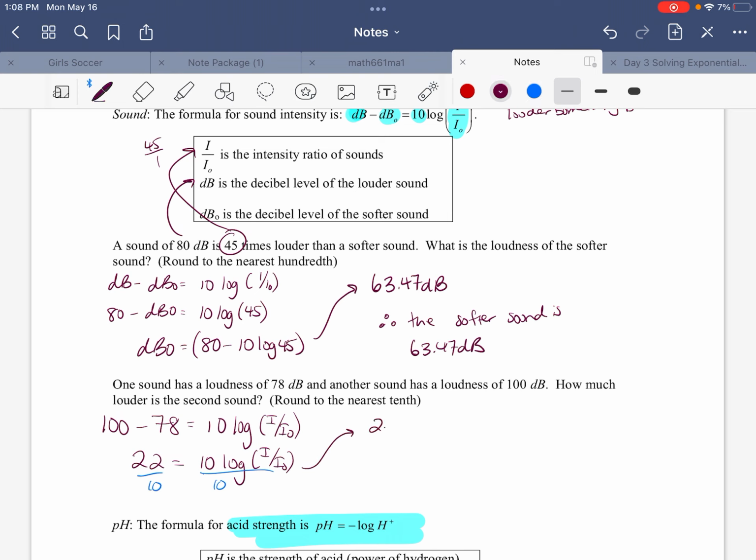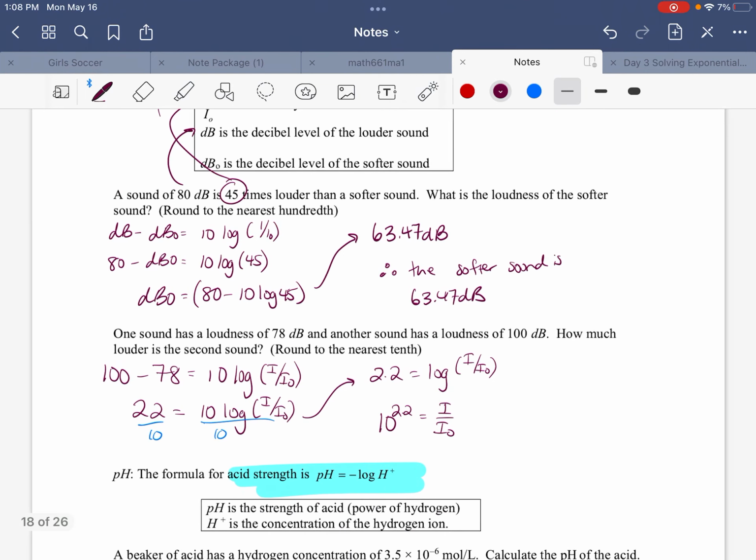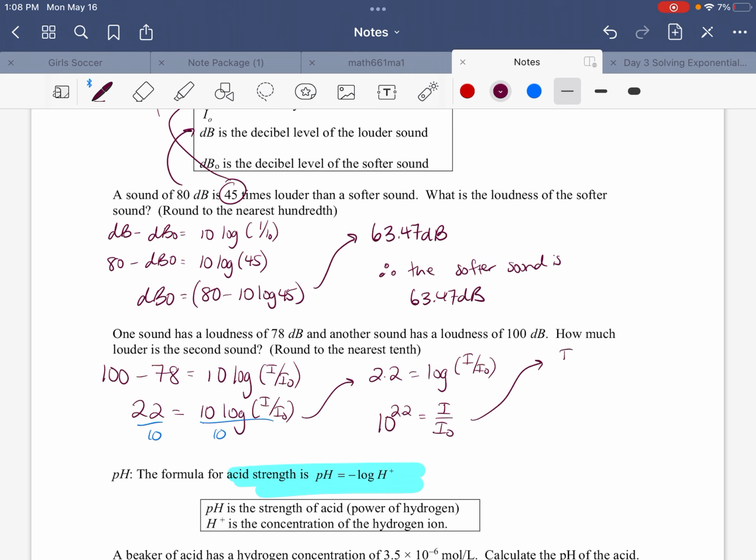So we get 2.2 is equal to log I over I0. And changing this to exponential form, you get 10 to the 2.2 is equal to the I over I0. And once more, I over I0 in this case is going to be 158.5.